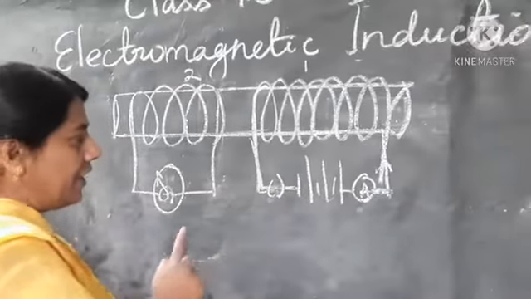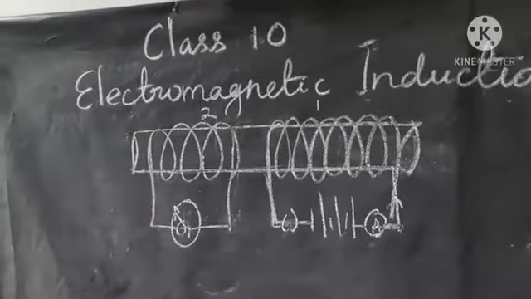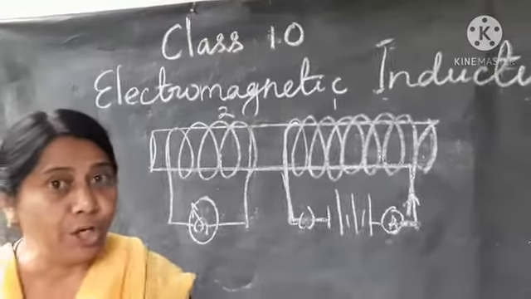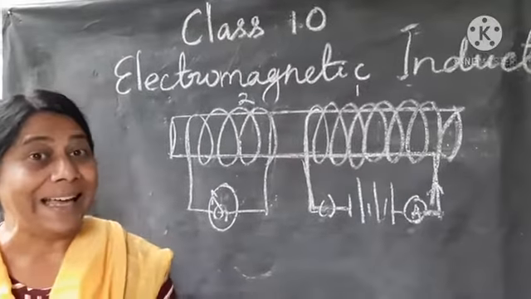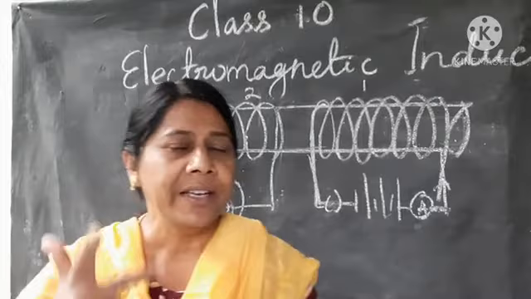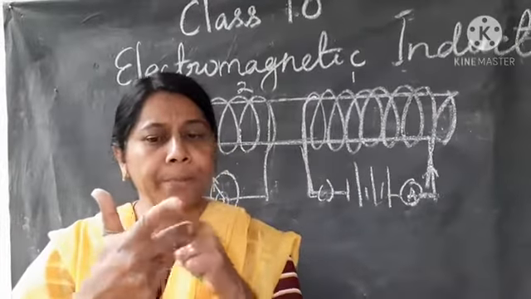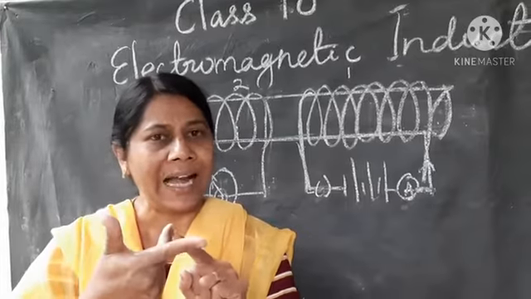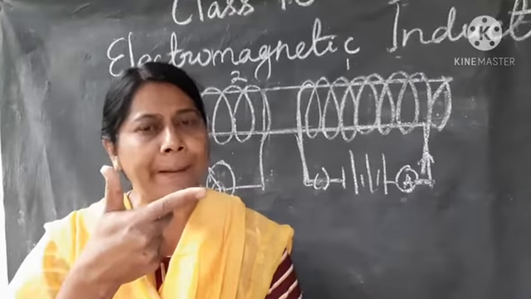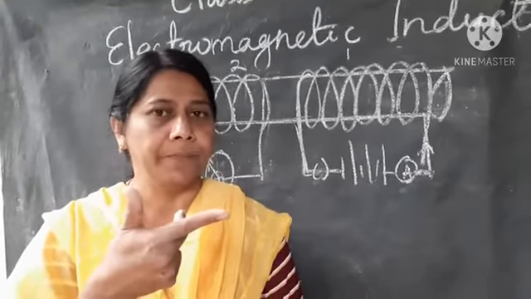Okay, here it can be explained with a simple rule, that is Fleming's right hand rule. Same thing, stretch your right hand three fingers, thumb, forefinger and middle finger, perpendicular to each other.